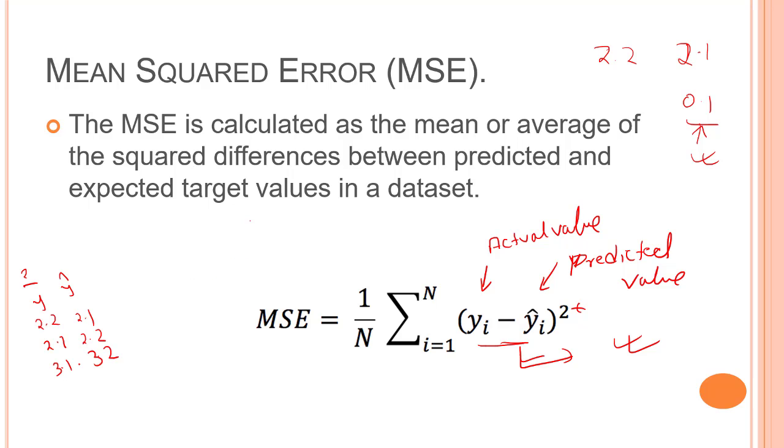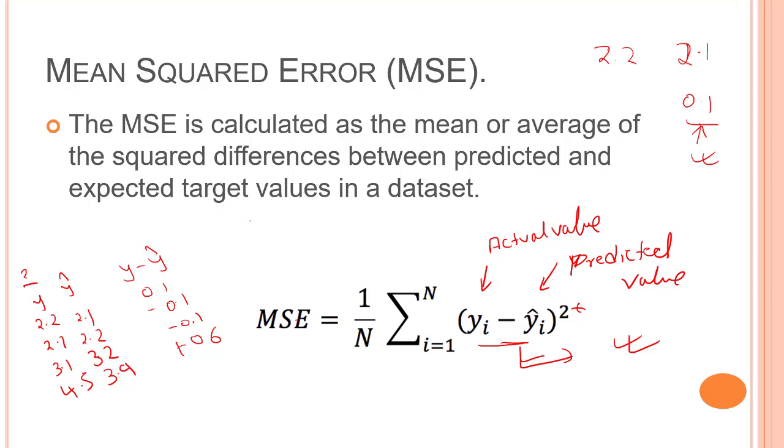For this, the difference yi minus y hat is 0.1. Then again we have minus 0.1, then again a difference of minus 0.1. And then 4.5 to 3.9 is positive 0.6.